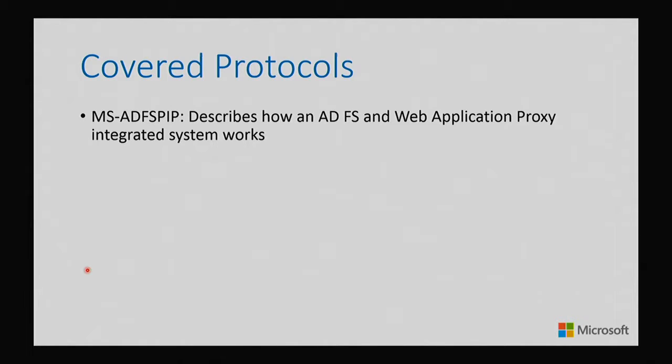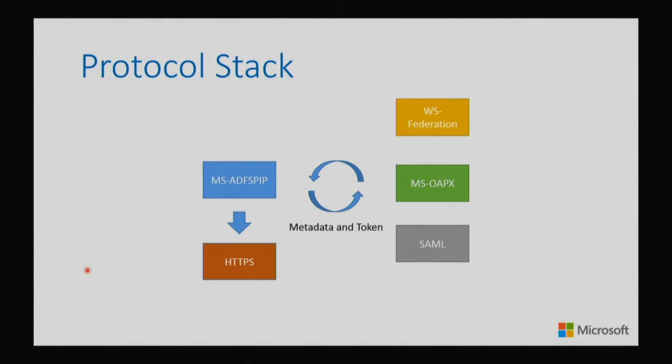The related protocol for web proxy is called MS-ADFSPIP. This is a protocol to describe the integrated system of ADFS and the web proxy. This protocol on the wire is very simple. It is just based on HTTPS and uses JSON as the HTTP body.